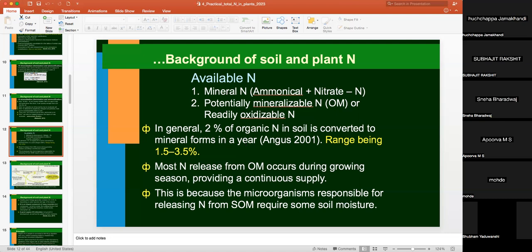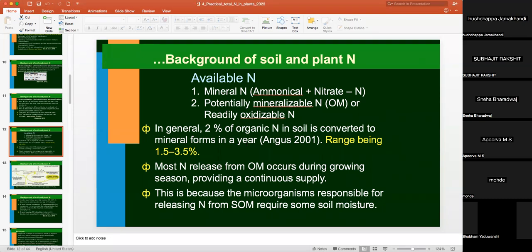Some of the mineral nitrogen will be in soil solution, particularly nitrate. 100% nitrate will be in soil solution, and some ammonium will be there in the soil solution, and most of the ammonium will be as exchangeable ammonium. It will be adsorbed at colloids, inorganic colloids or organic colloids. Is it clear to you?